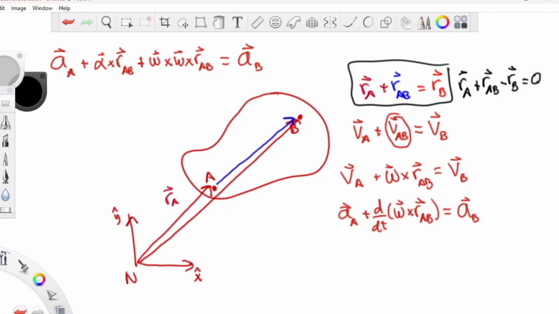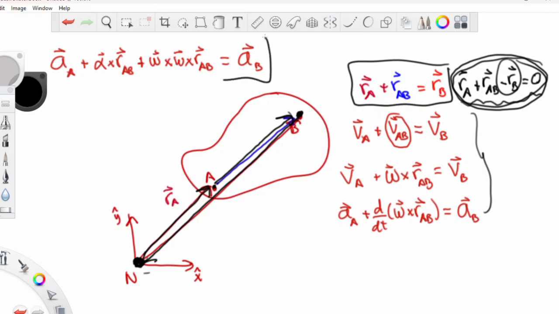That means that we went from point O, the origin, to point A, then we went from point A to point B, and then from point B we went back with negative RB, we went back down to O. So this is a loop because it went to B and then came back to the origin, to the original point.